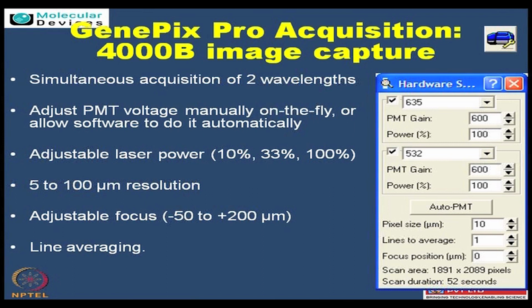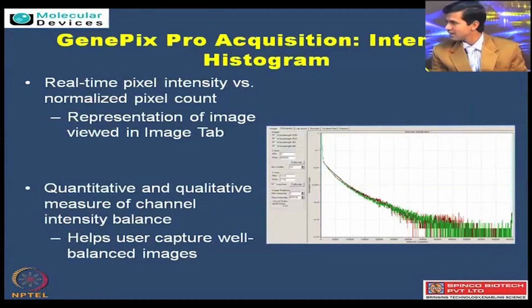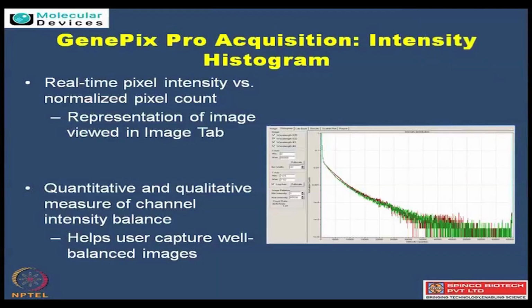Towards the right hand side, you see the pane where you have a hardware control button. There you can look at all these different images, which are now suiting your own biological application. In the preview scan, when you are scanning your live data, you can switch on to the histogram graph. It shows how much the red and green channels are contributing towards the intensities.